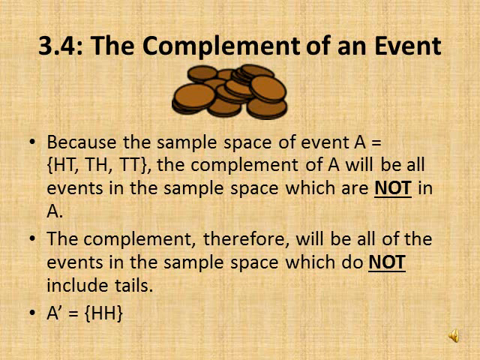Because the sample space of event A is equal to {heads tails, tails heads, tails tails}, the complement of A will be all events in the sample space which are not in A. The complement, therefore, will be all of the events in the sample space which do not include tails. A prime is equal to {heads heads}.